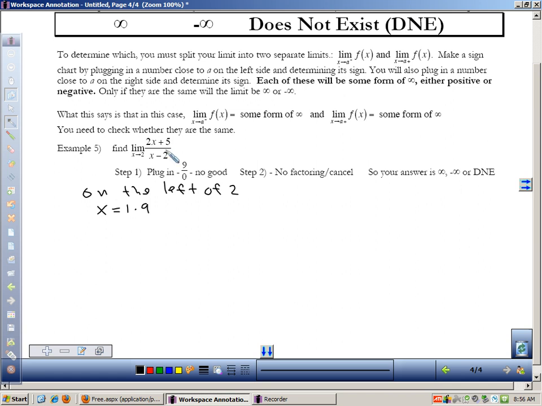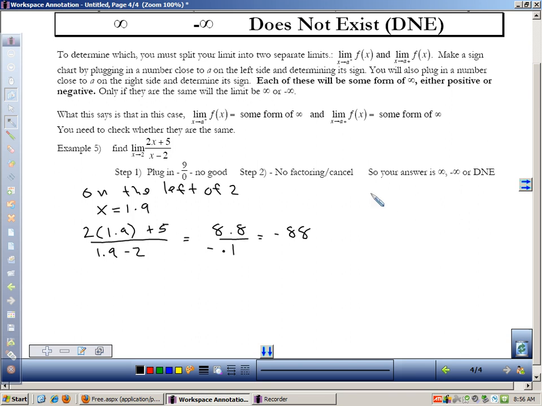I'm going to plug 1.9 into my function: 2 times 1.9 plus 5 on top, and on the bottom 1.9 minus 2. When I calculate that out, I get 8.8 over negative 0.1, which is negative 88. So I get a negative sign here.